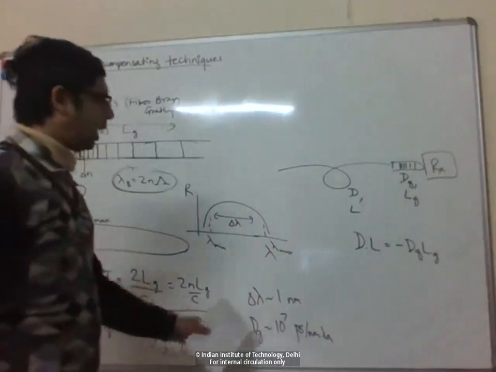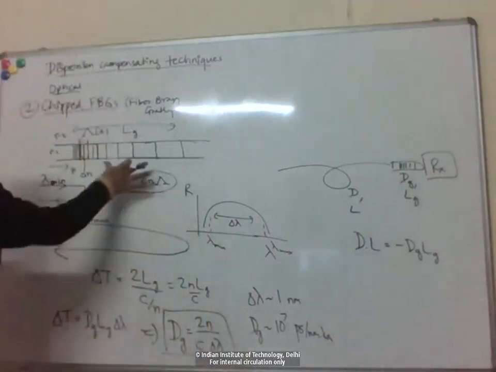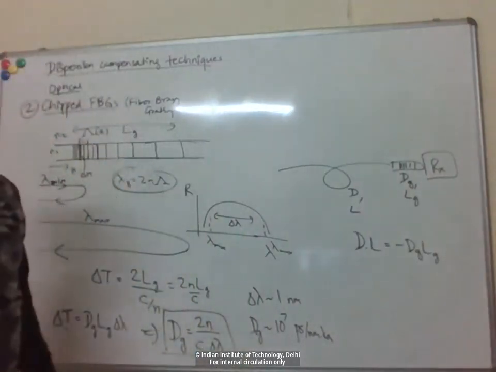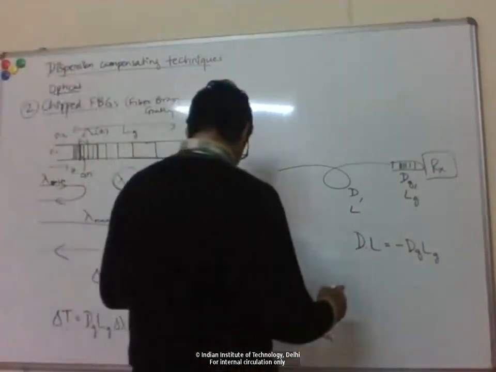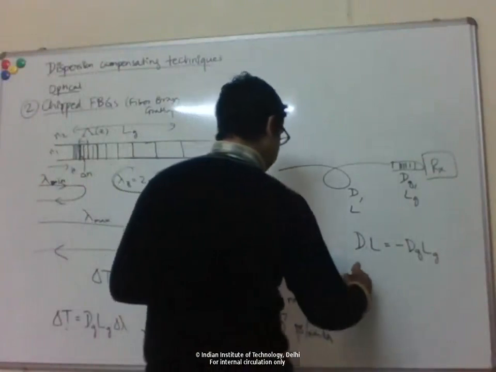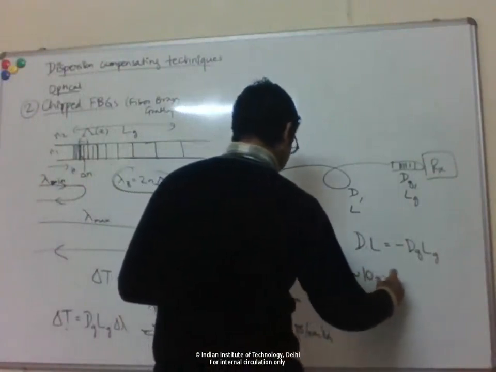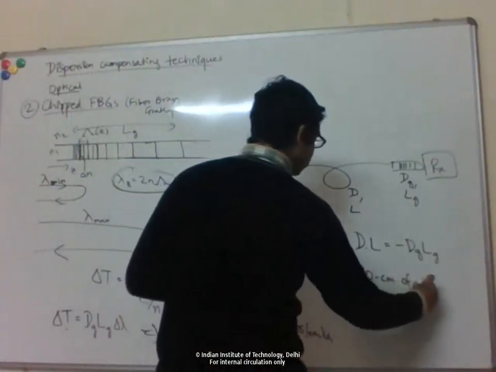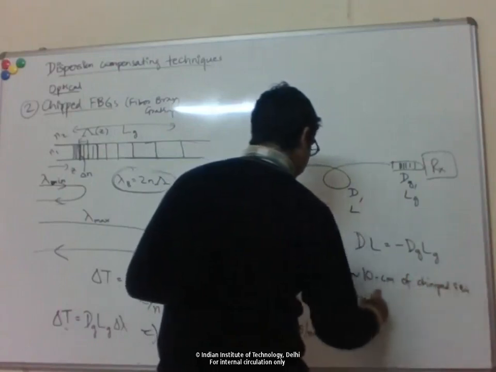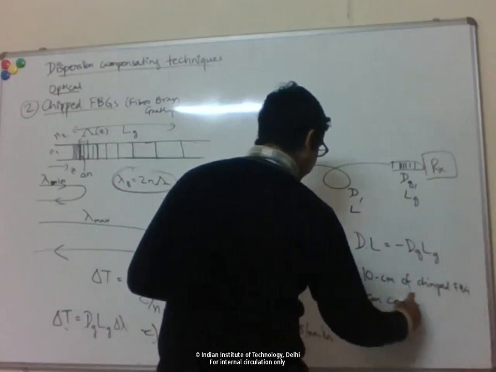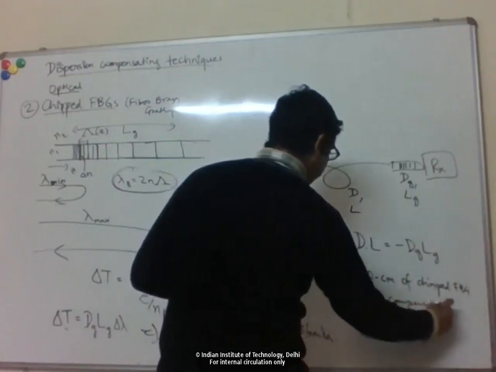But now because Dg is so large, you can see that all I need is a few centimeters of this fiber grating. Basically, about 10 centimeters of this chirped FBG can compensate for about 100 kilometers.